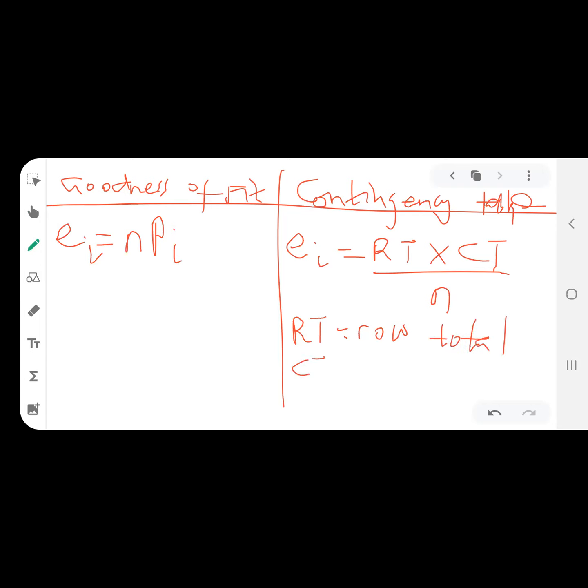And then CT stands for column total. And the n, obviously, is the sample size. So we are going to calculate the expected frequency using the row total multiplied by the column total over the sample size.